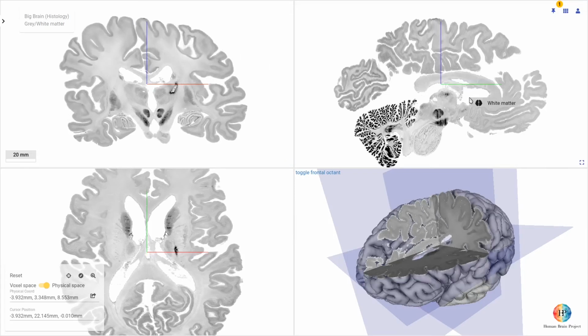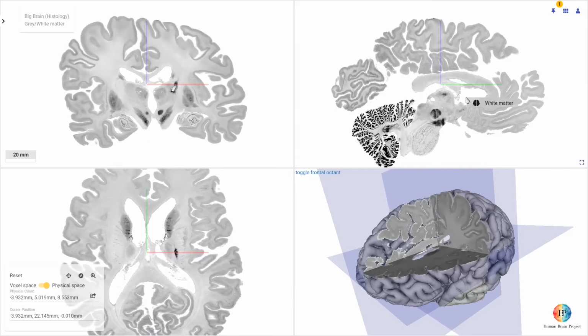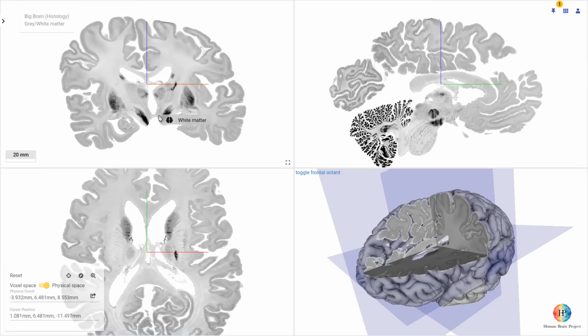So moving forward. So the anterior part of the midbrain, there's no red nucleus here. That's the third ventricle. That's the thalamus.